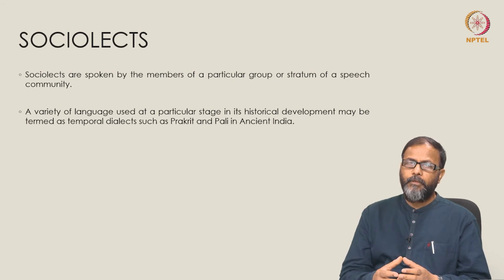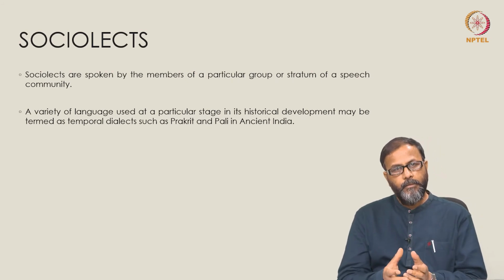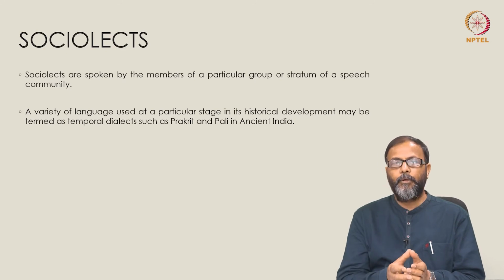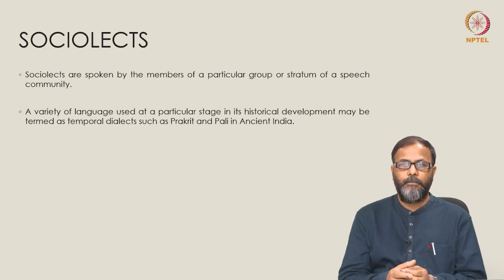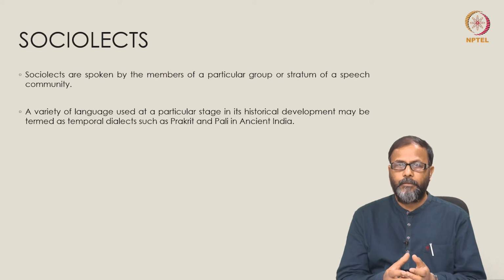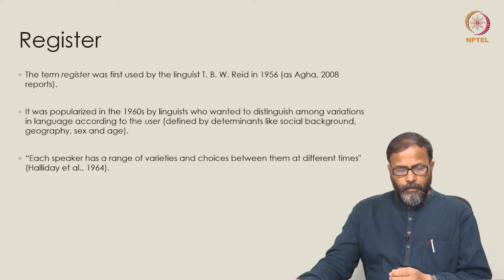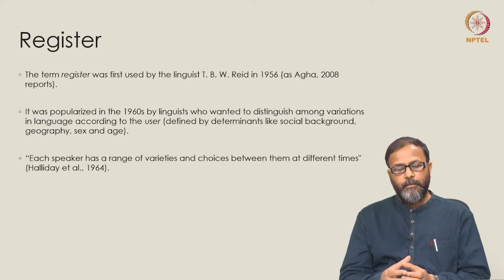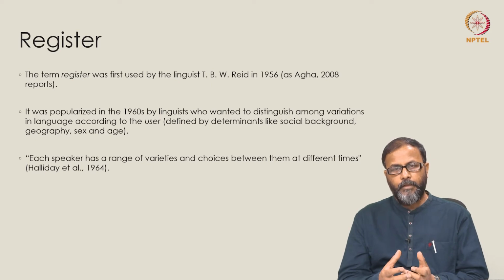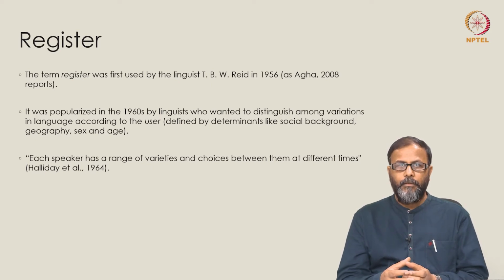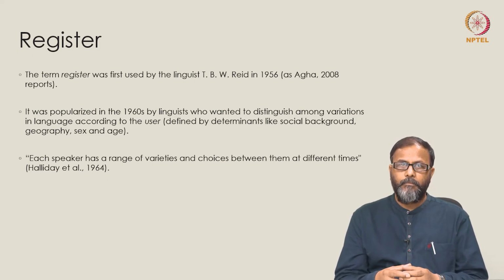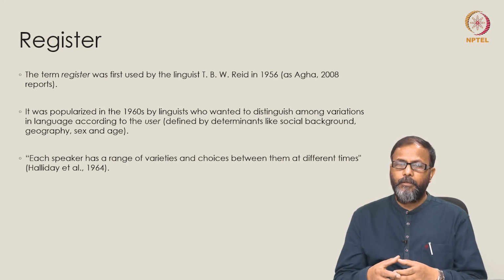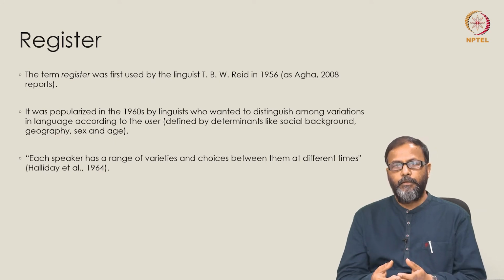Then sociolect. It refers to a particular variety within the same language spoken by a particular social class. And in the same continuation, if the dialect is a variety according to the user, register is a term that refers to a particular variety according to the use of the language.